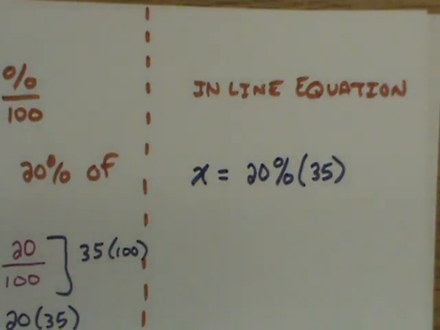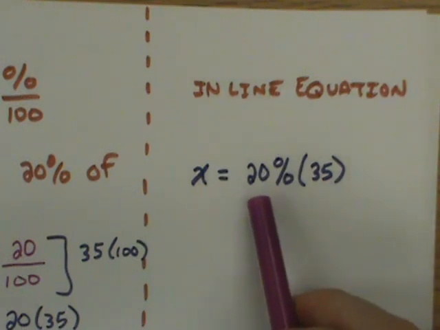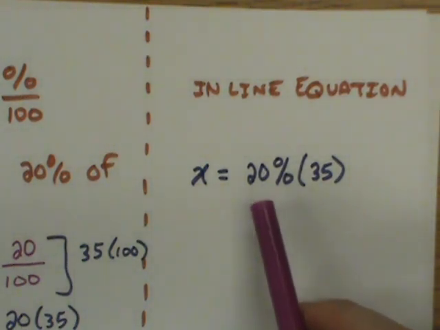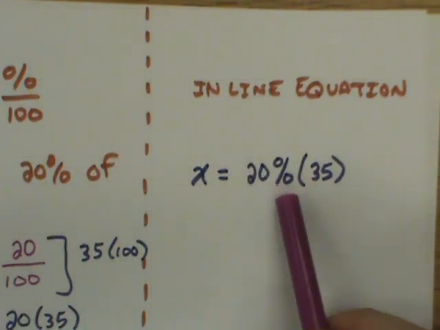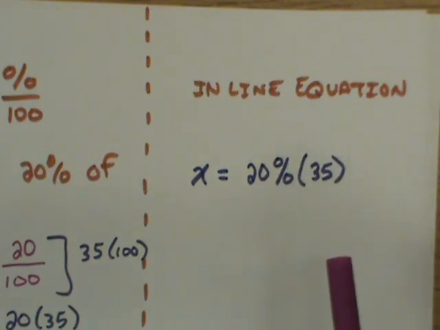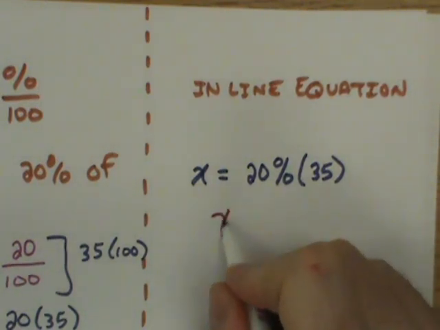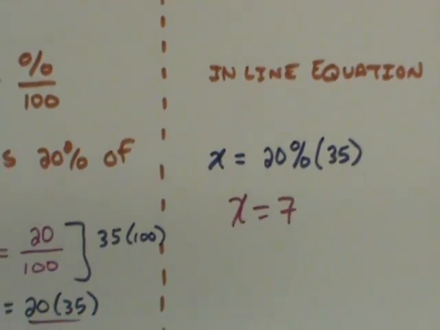In my calculator, I'm going to go 20, and then I can use the second button to call up percent, or third, depending on your calculator. And that should come up as 0.20 when you hit that percentage. So I go at 20% on my calculator, it displays 0.2, and then I go times 35. Answer 7. So you see, I get the same result.